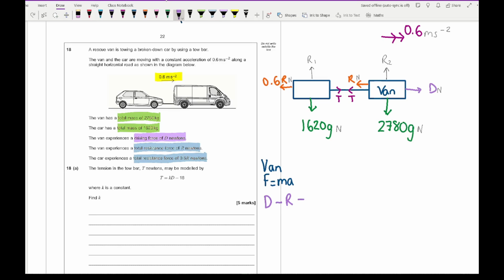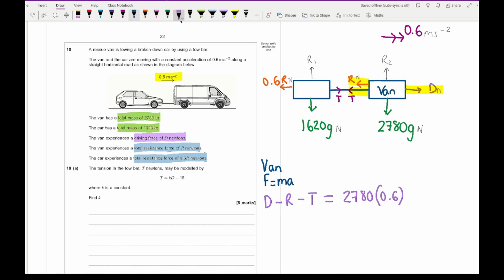We also have the tension, which is in the opposite direction to which the van is moving. So all of the forces acting on the van, we've got our driving force, our resistance force and our tension force, and they're acting forwards for D and in the opposite direction backwards for R and for T, so that's why we are subtracting those. That's our force overall minus our mass of a van, which is 2,780, times by acceleration, which is 0.6. So that's for the van.